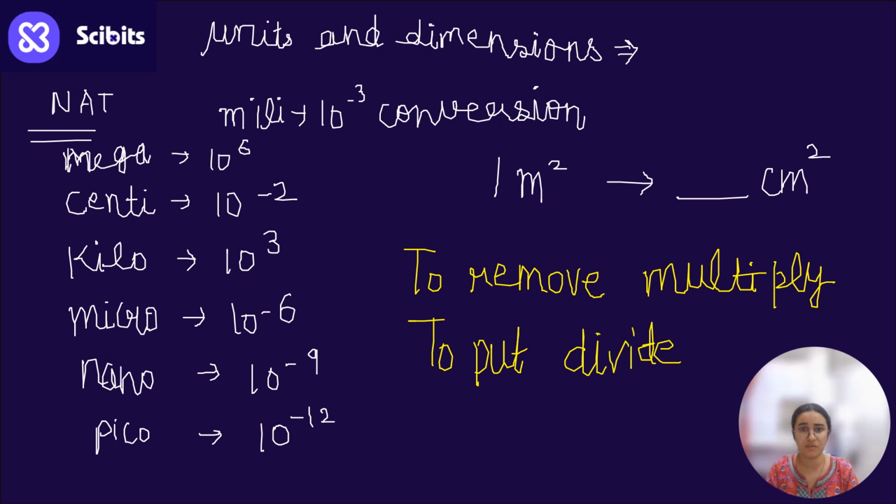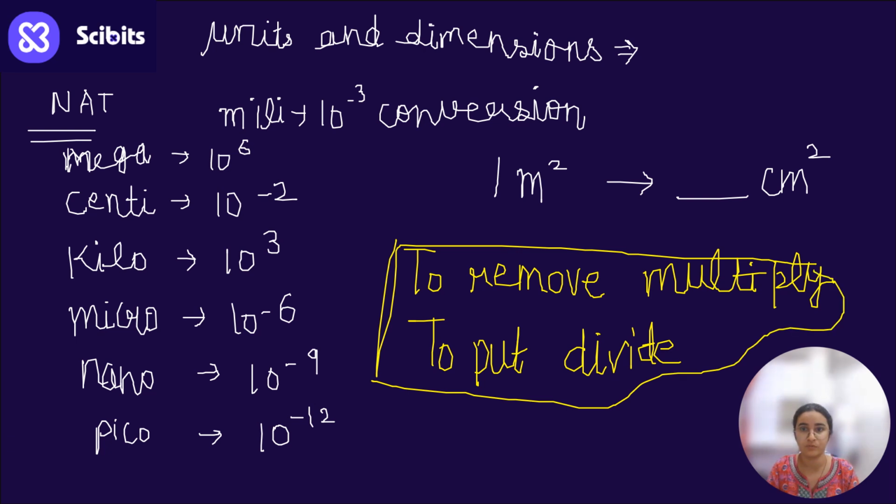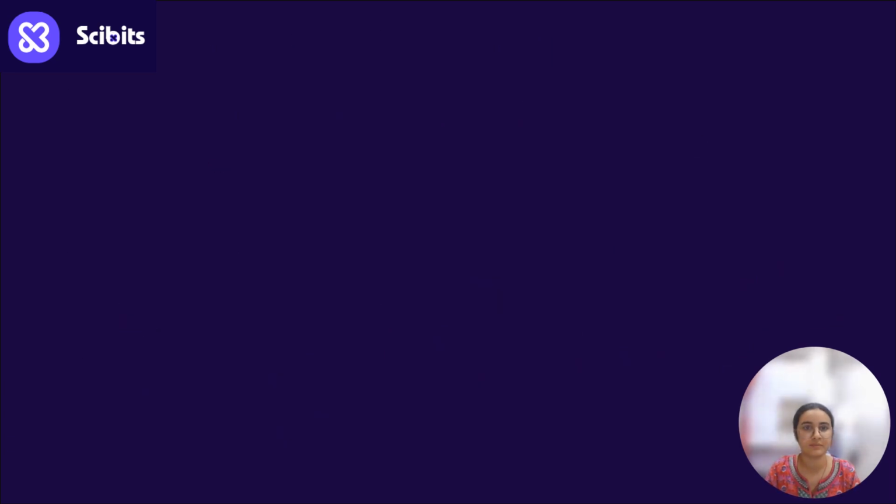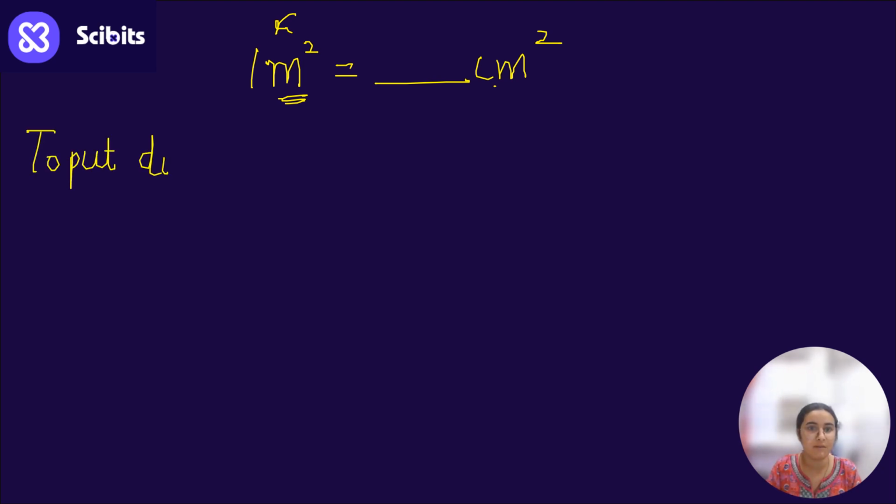You just remember this trick. This is way more useful. So let's go about this. I have to convert 1 meter square to centimeter square. Since it's meter here, I have to put a C here, that is centimeter. So to put, I have to divide.